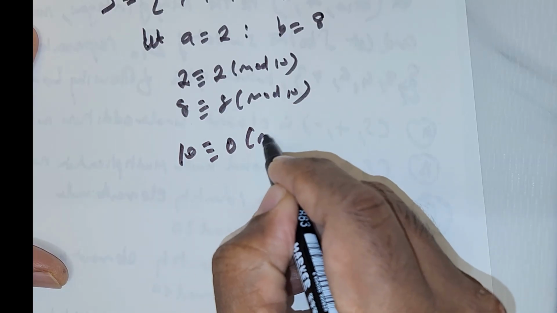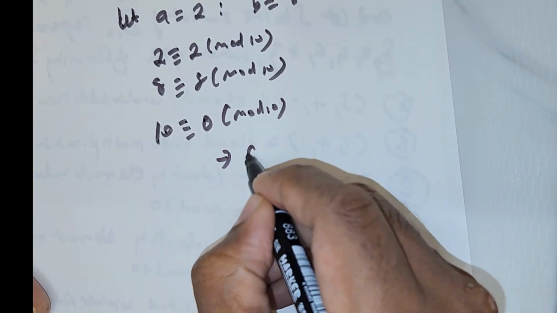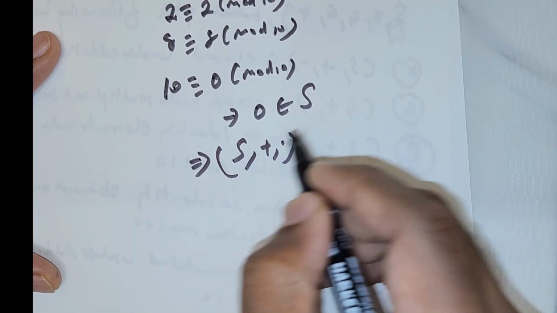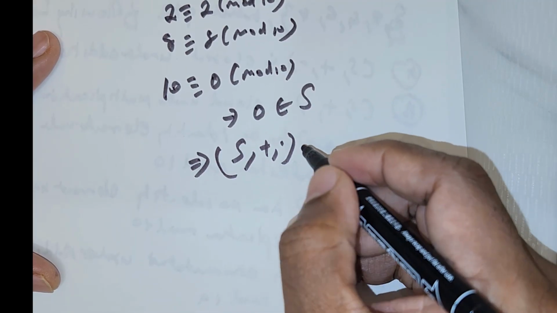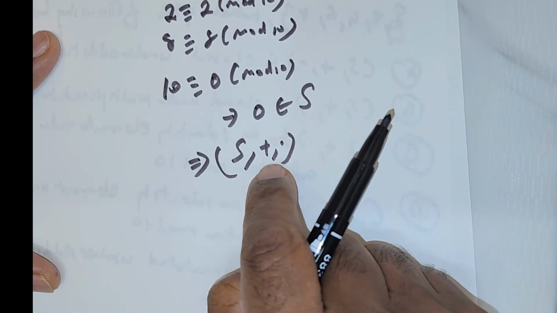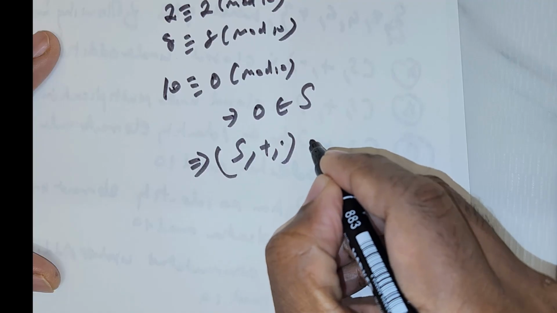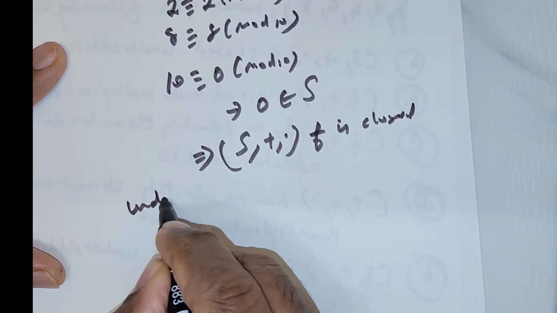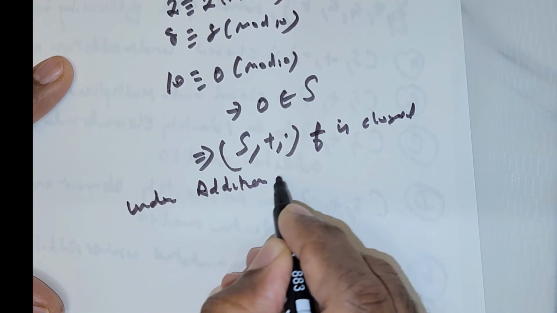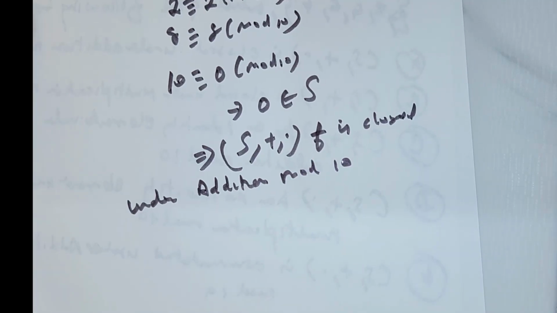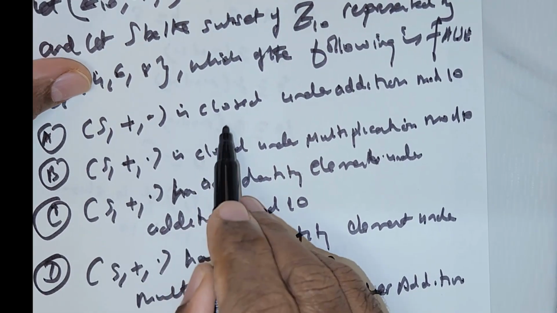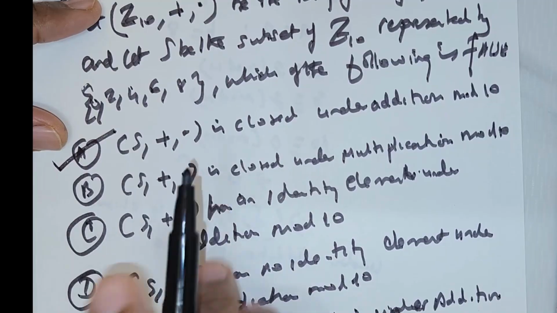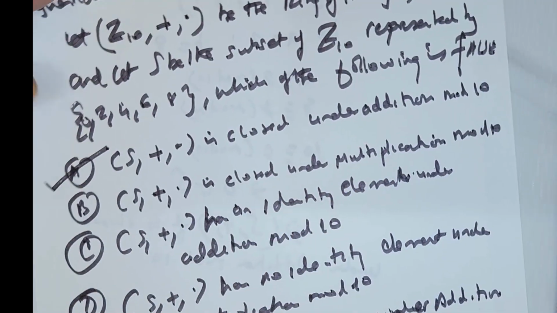Now 10 is congruent to 0 mod 10 and 0 is an element of S. This means S under addition and product, this is the given set S and the operations, is closed under addition mod 10. Okay, so let me go back to the choices. We just showed that, right? So this is true.